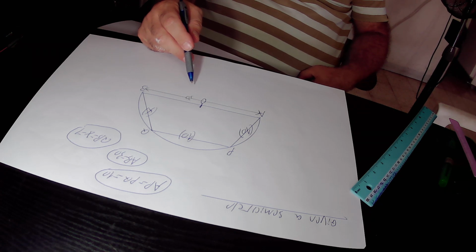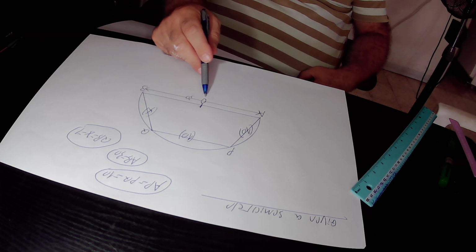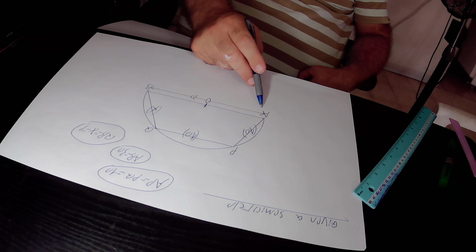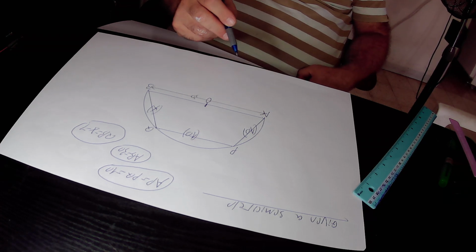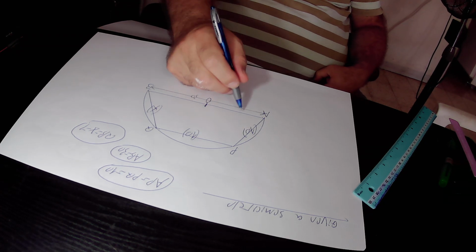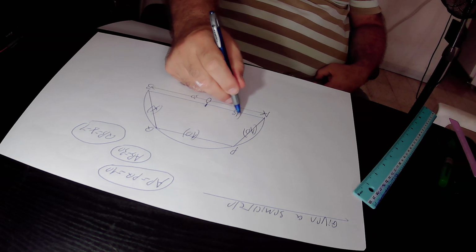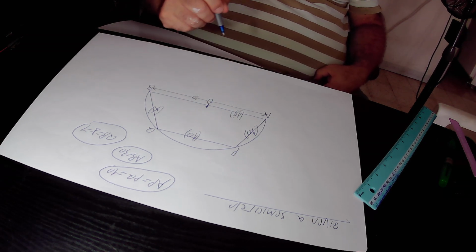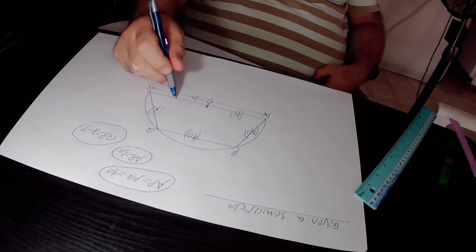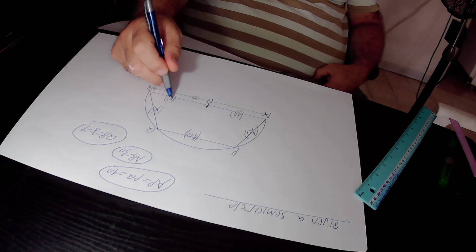So the radius is 30 over 2, that is 15. Point O is the center of this semicircle, point A is a point on the semicircle itself, therefore OA is the radius of this semicircle, that is equal to 15 units. OB is also the radius of this semicircle, that is equal to 15 units in its length.